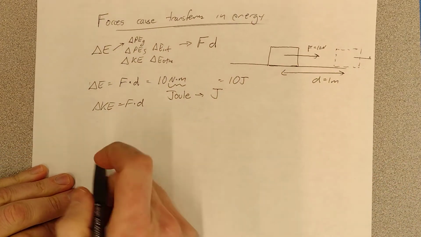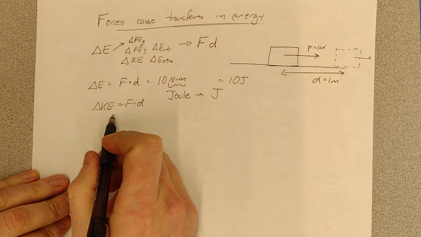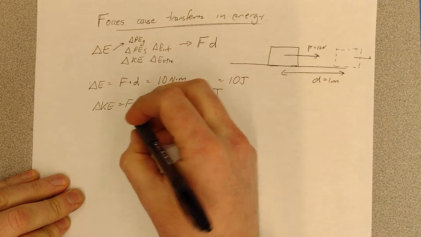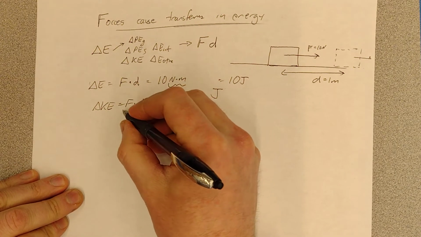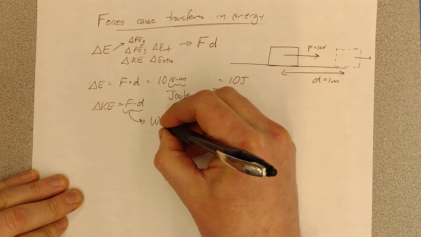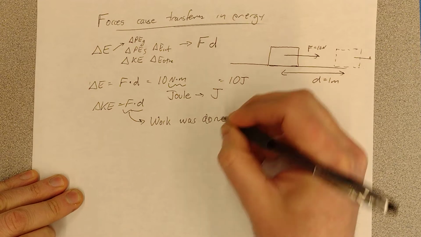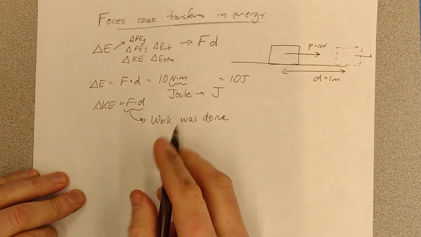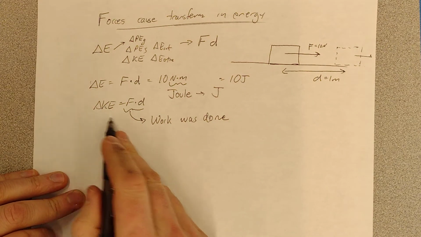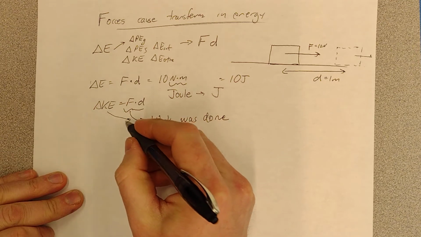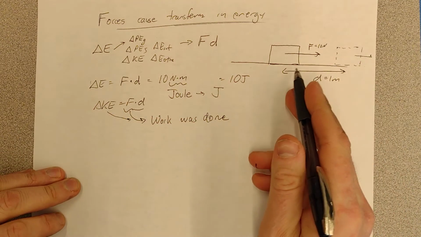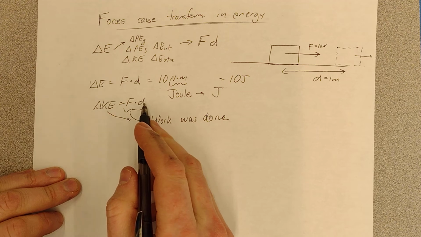Well, this concept of force times distance and change in kinetic energy, we give that a name. We say that work was done. Work being change in kinetic energy. So work was done on the block overall because a force acted for a certain amount of distance.